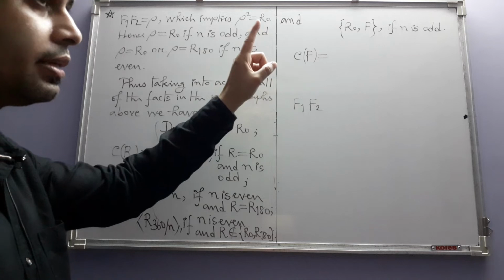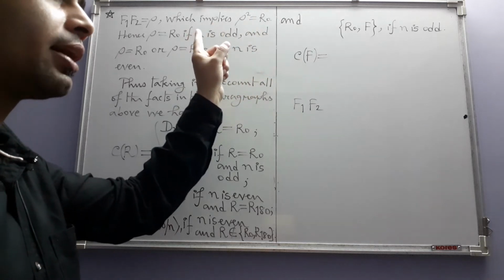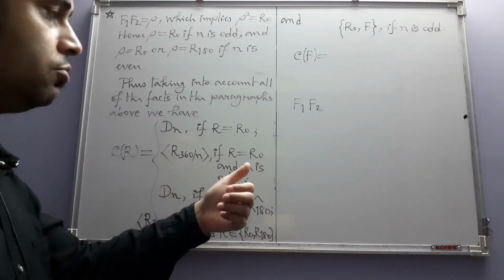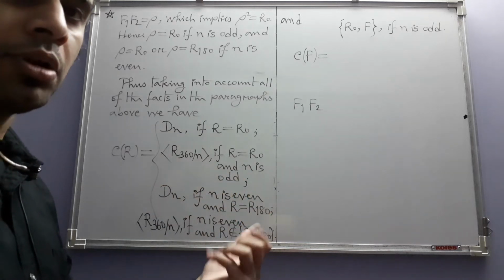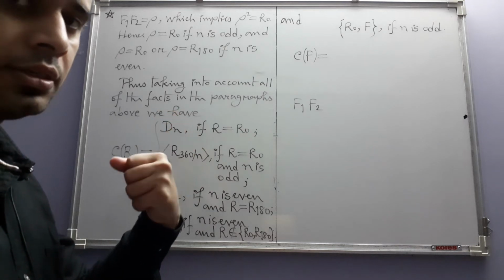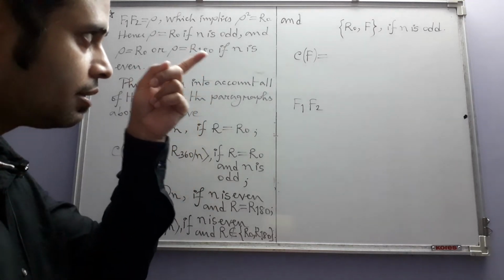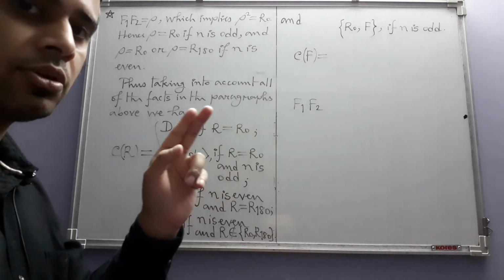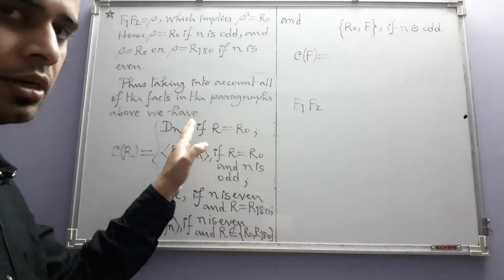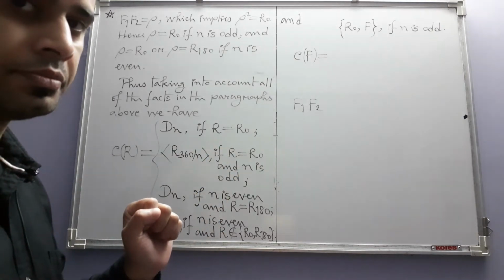but here again we have to take into account that thing, which rotations belong to the centralizer of F, where F is a reflection. If n is odd, then the only rotation that commutes with F, we have already seen here, is R naught.